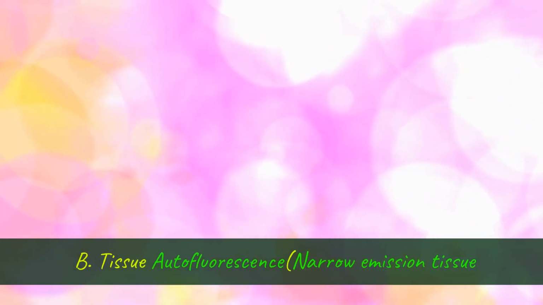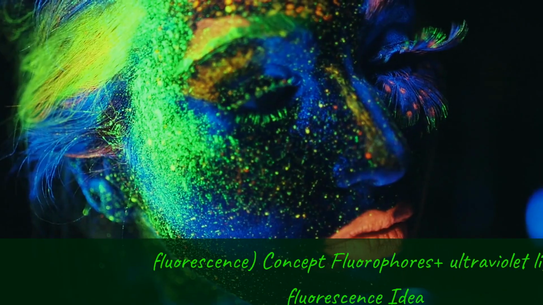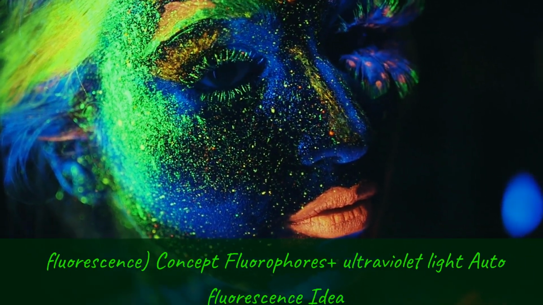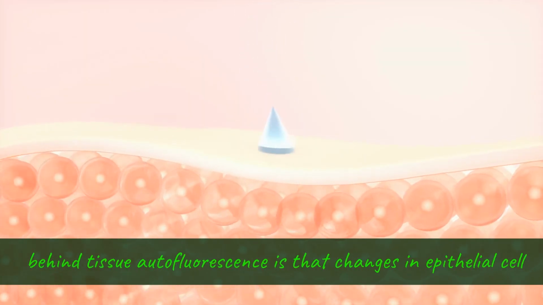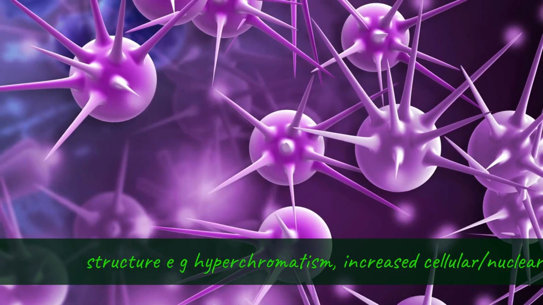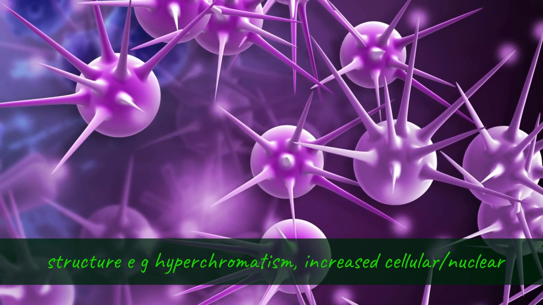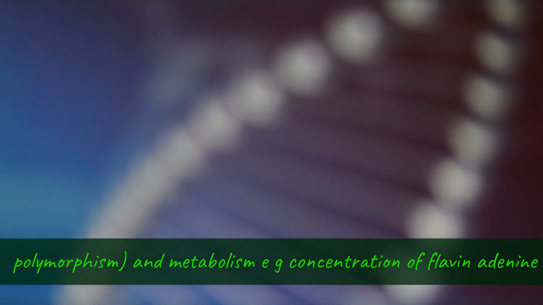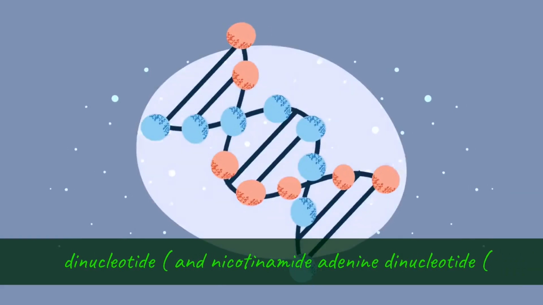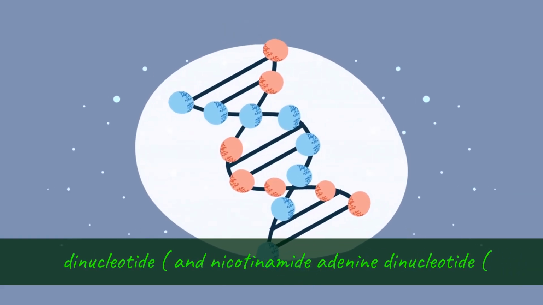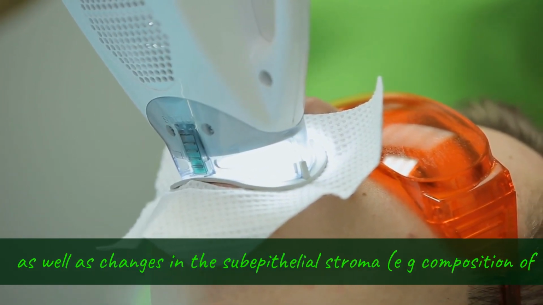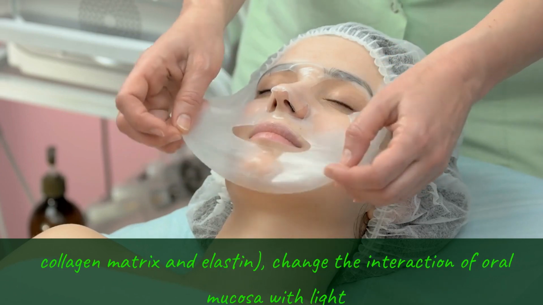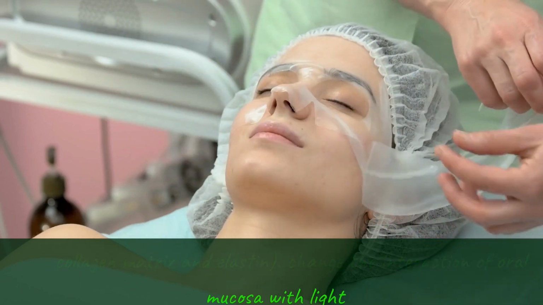B. Tissue autofluorescence, narrow emission tissue fluorescence. Concept: fluorophores plus ultraviolet light. The idea behind tissue autofluorescence is that changes in epithelial cell structure, e.g. hyperchromatism, increased cellular/nuclear polymorphism, and metabolism, e.g. concentration of flavin adenine dinucleotide and nicotinamide adenine dinucleotide, as well as changes in the subepithelial stroma, e.g. composition of collagen matrix and elastin, change the interaction of oral mucosa with light.